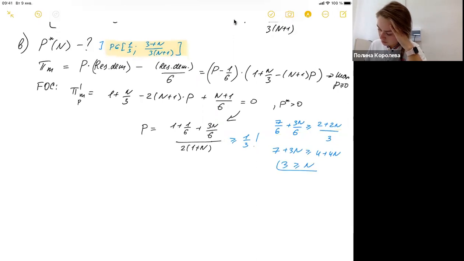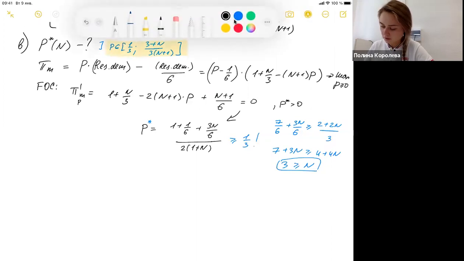So this is our condition. So the number of competitive firms in the market should be less or equal than 3. So from here we write that this price will be charged by monopoly only if the number of firms is less or equal than 3.